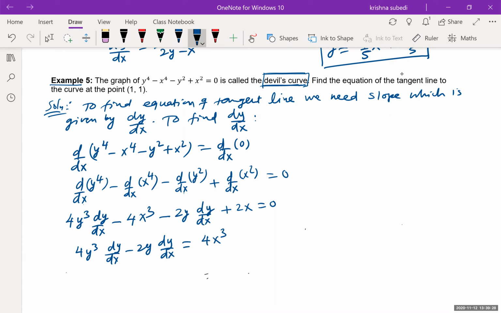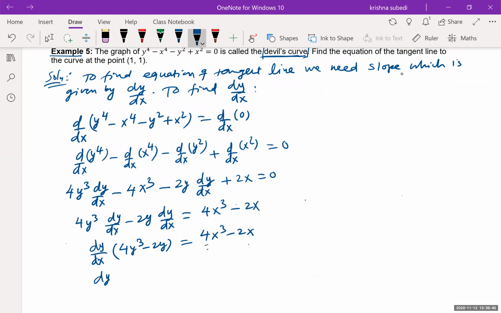So that's going to give you 4x cubed minus 2x. Factor out dy over dx, so you will get 4y cubed minus 2y equals 4x cubed minus 2x. So the derivative dy over dx is going to be 4x cubed minus 2x over 4y cubed minus 2y.